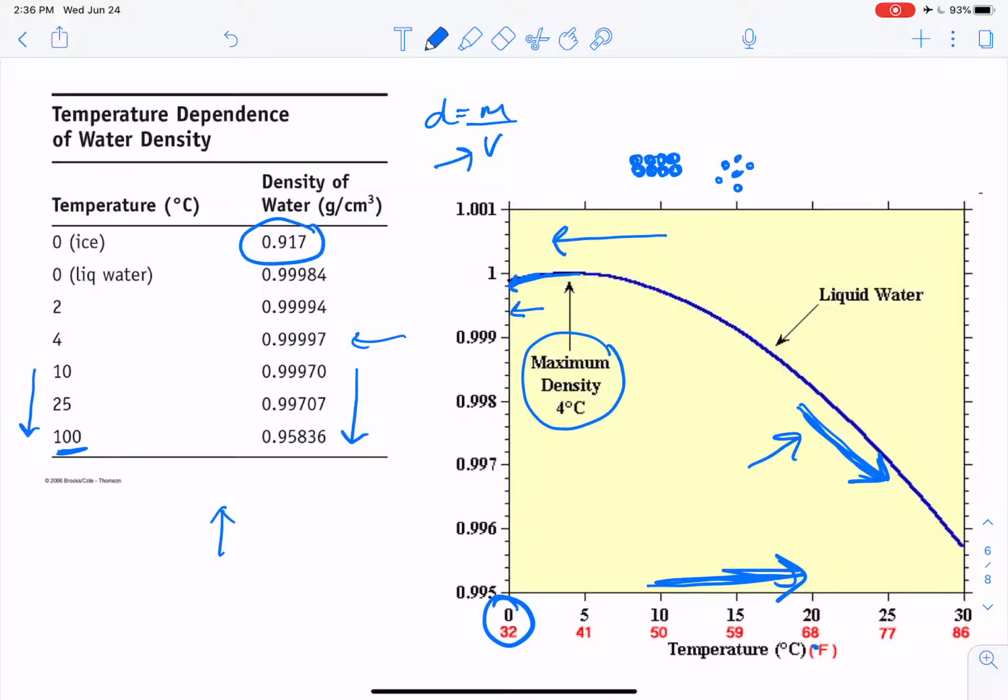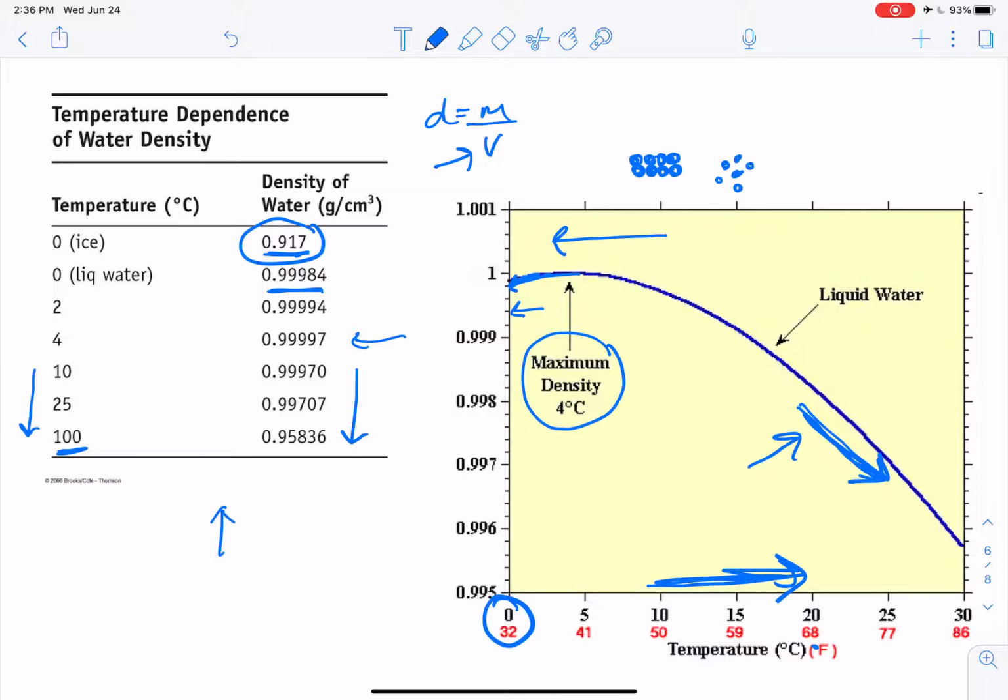Okay, so the density of solid water or ice right there at 0 degrees Celsius is 0.917, and that is less dense than the liquid water that has a density of 0.999 there.